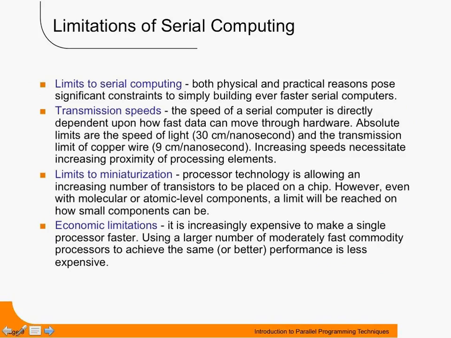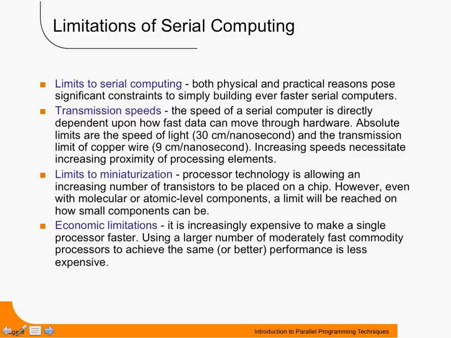The first limitation is physical and practical: the transmission speed. As you know, we use copper for data transfer, and the theoretical limit for copper is 9 centimeters per nanosecond. So to increase the speed, we need to increase the proximity of the elements.